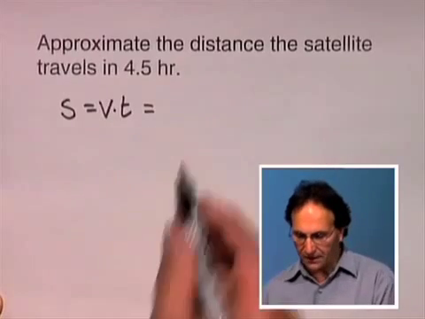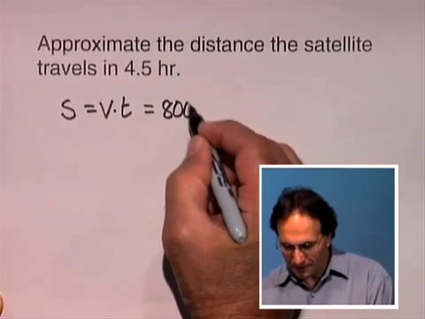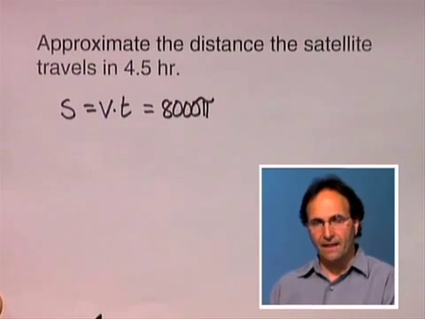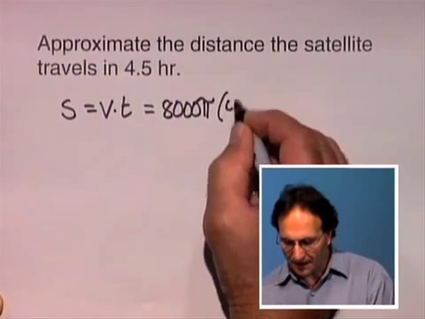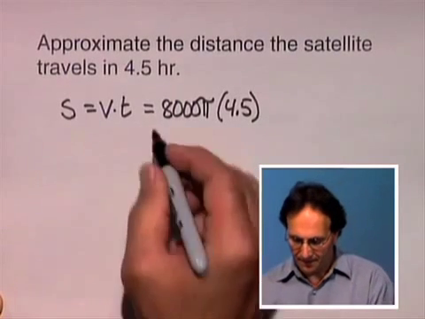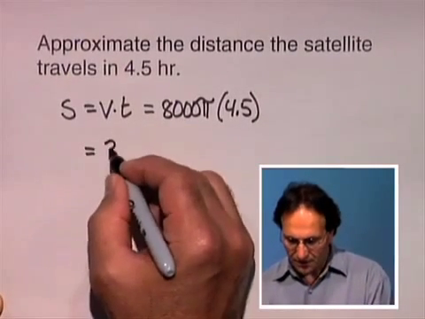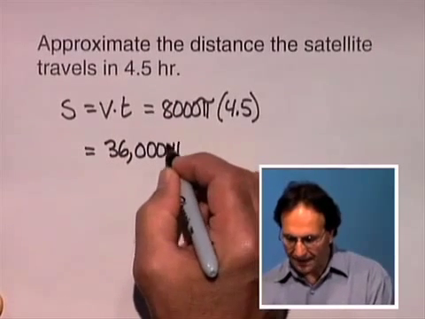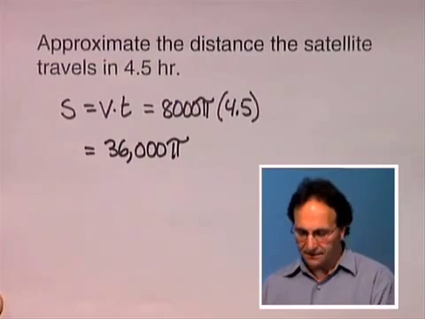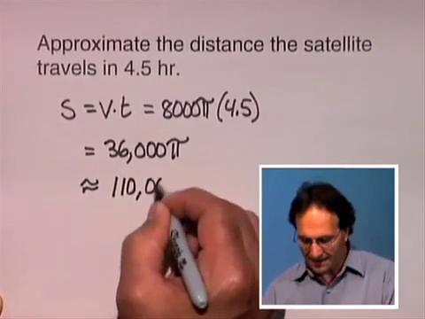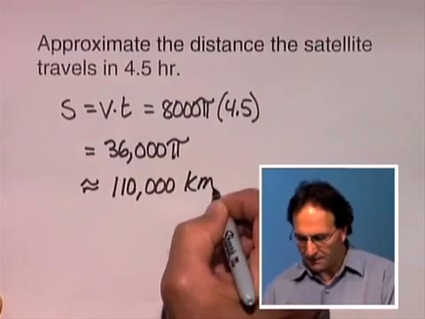We just calculated in the first part that v is 8,000 pi. We're going to multiply that times the number of hours, 4.5. This would give us 36,000 pi, which we can then approximate as 110,000 kilometers.